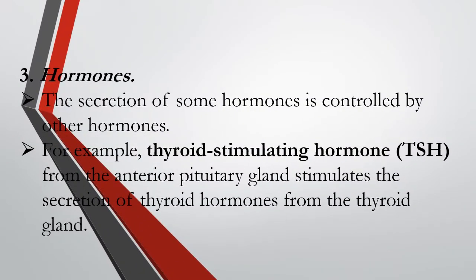Then the hormones is also controlled by the amount of hormones in the blood, or the kind of hormones that are present. For example, if there's a presence of this particular hormone called thyroid stimulating hormone, which is produced by the anterior pituitary gland, so ang effect nito will be stimulatory to the thyroid gland.